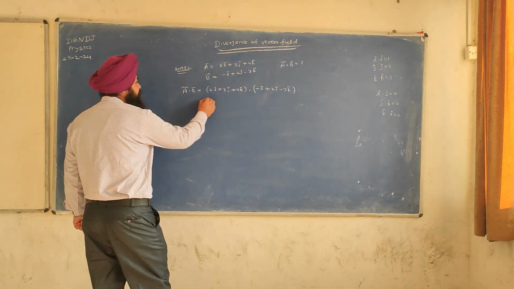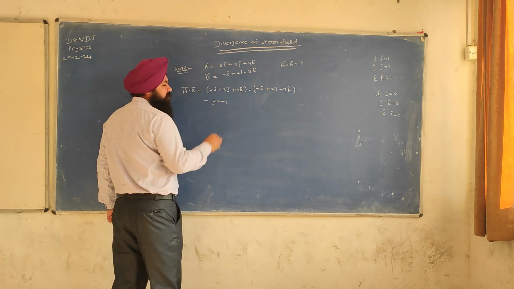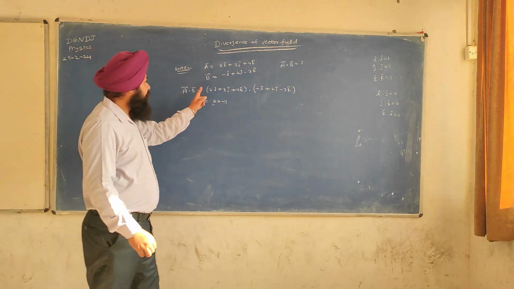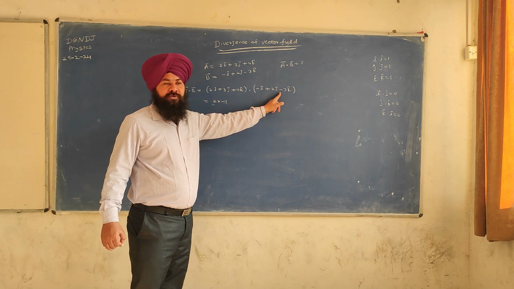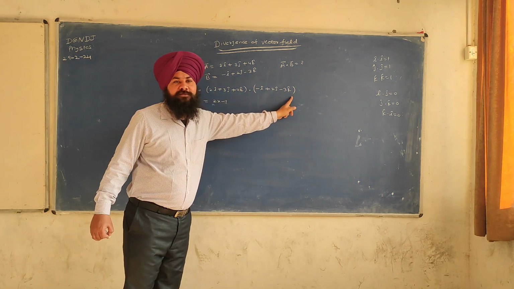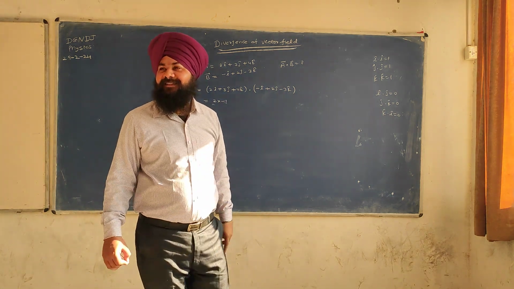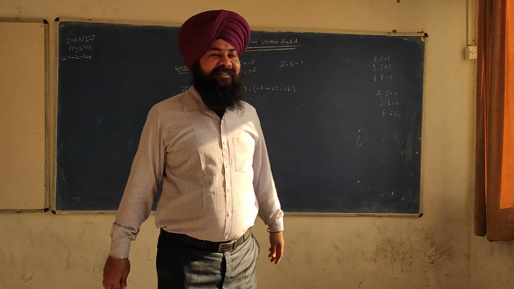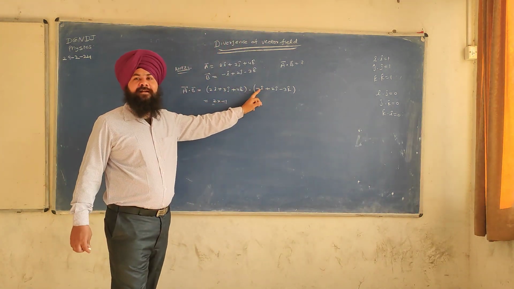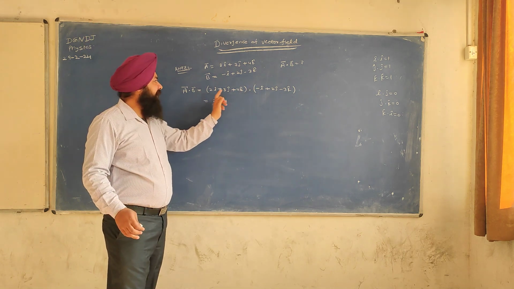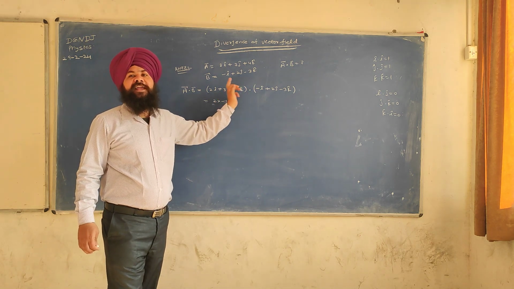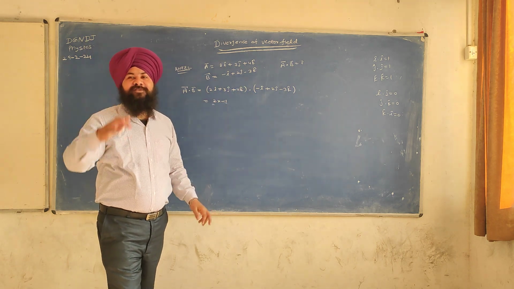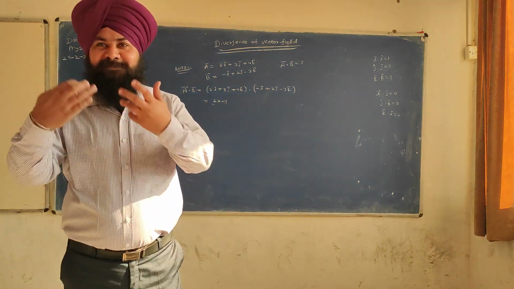Similarly, when I multiply 2i cap into minus i cap, i dot i is 1, so I am getting 2 into minus 1. i dot j is 0, i dot k is 0. शांत क्यों कर सकते हैं? सारे बोलो भाई. i dot i is 1, i dot j is 0. You are not getting the point. Please speak.